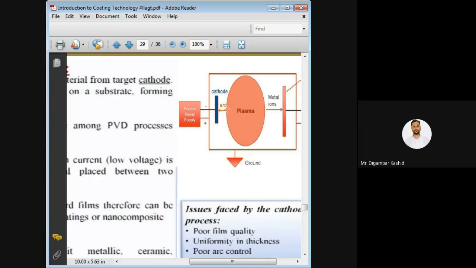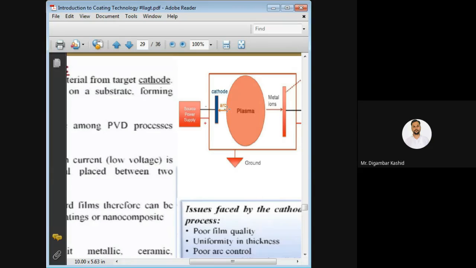That vaporized material then condenses on your substrate, forming a thin film. So here you are using some cathode material, as I have shown, and you are using plasma.